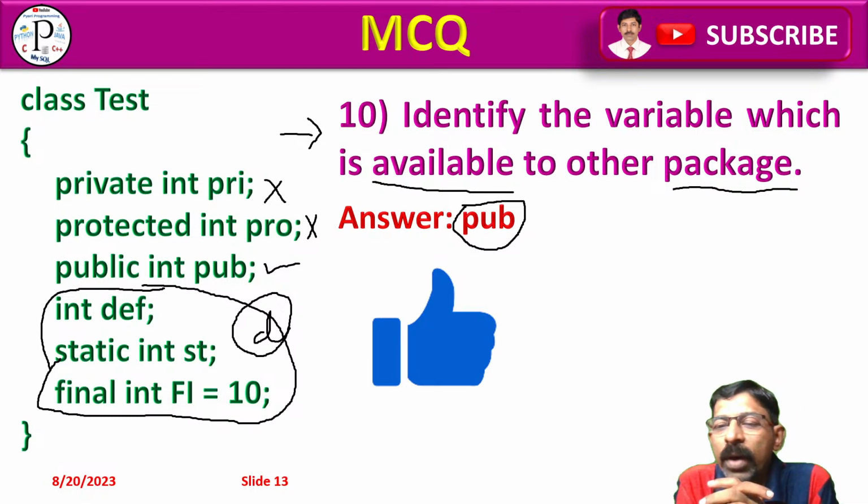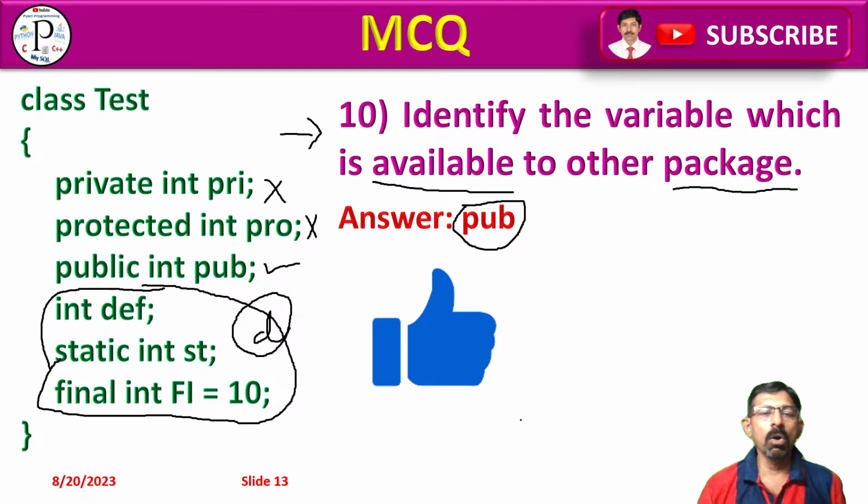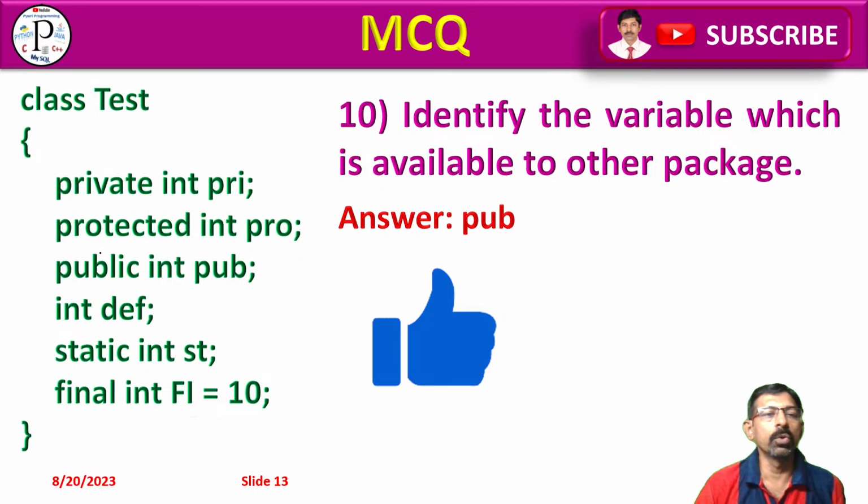Sir, can you tell why FI is not the answer? FI is the default. These are all default access specifier. If I am not having any access specifier, these are all default access specifier. Default access specifier scope is package scope. Private scope is class scope. Again, I am explaining this. I think the first slide I have already shown you.